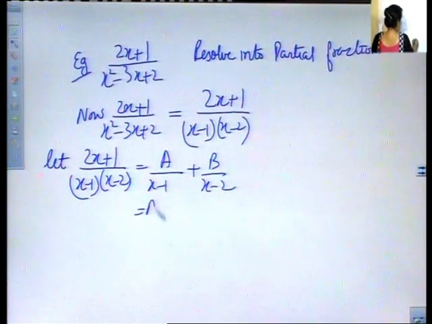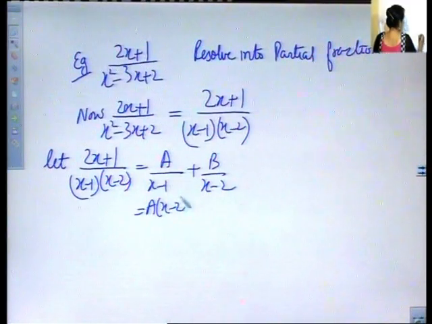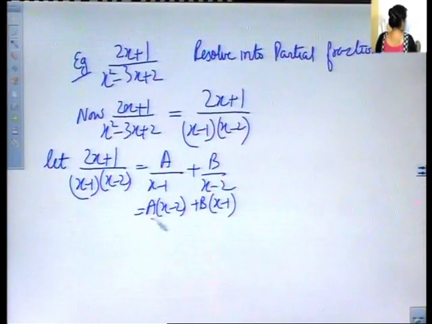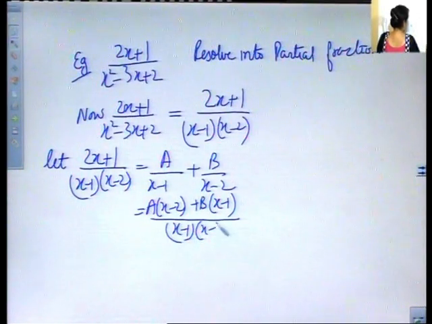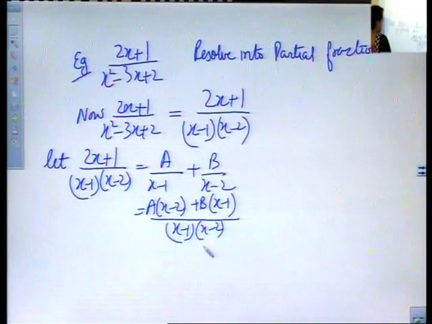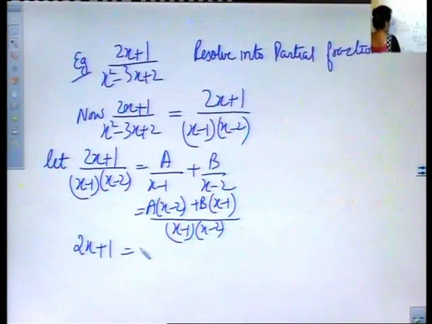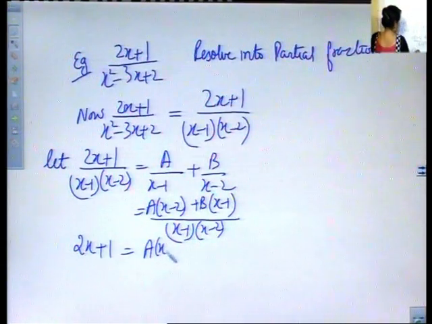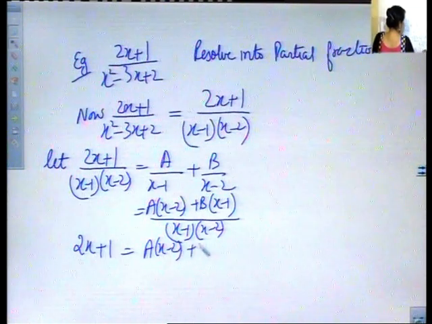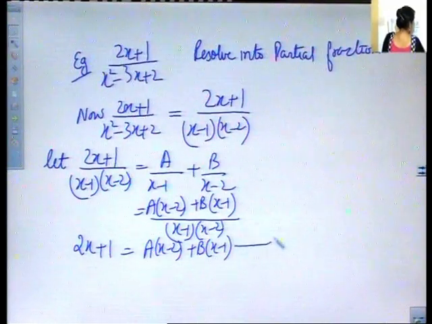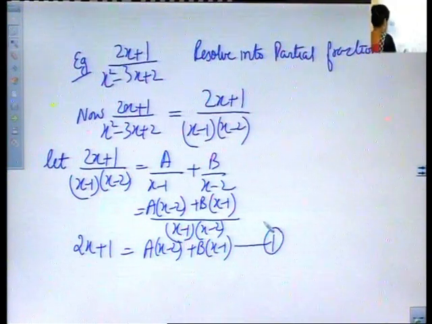Taking the LCM, this is a(x minus 2) plus b(x minus 1) upon (x minus 1)(x minus 2). Cancelling the denominator on both sides, we get 2x plus 1 is equal to a(x minus 2) plus b(x minus 1). Let this be number 1.